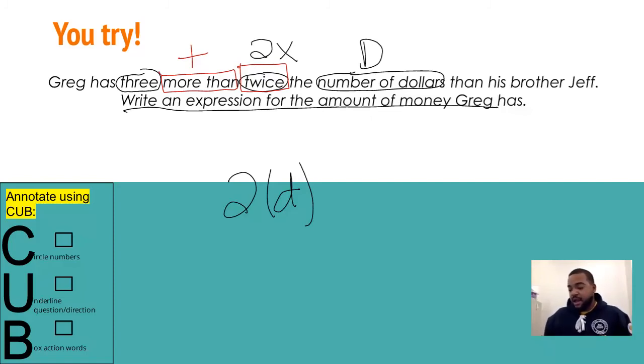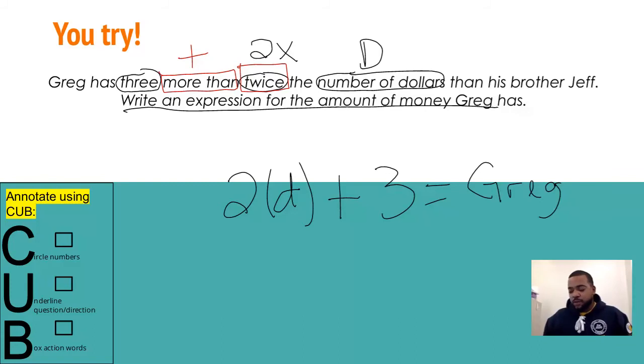But I'm not done yet, because I have to include this addition operation. So he has 3 more than twice. I also need to add this 3 to the total to figure out how much money Greg has.